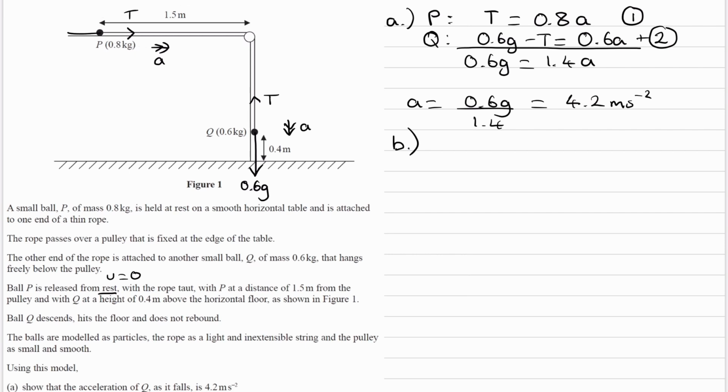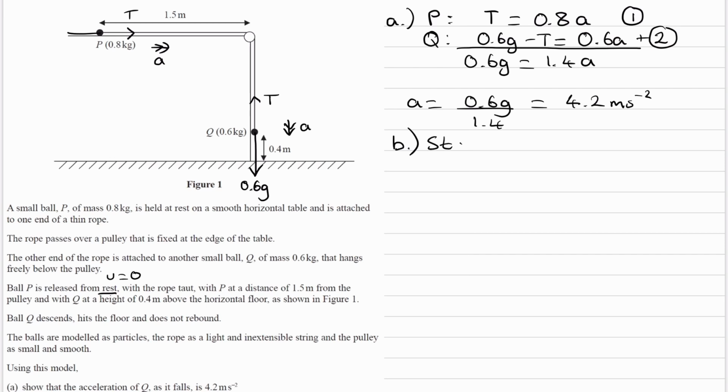So how we should approach this question is to break it up into two stages. Stage 1 is as Q travels towards the floor and then hits it. And then stage 2 is after Q has hit the floor, and P moves with a constant speed towards the pulley.